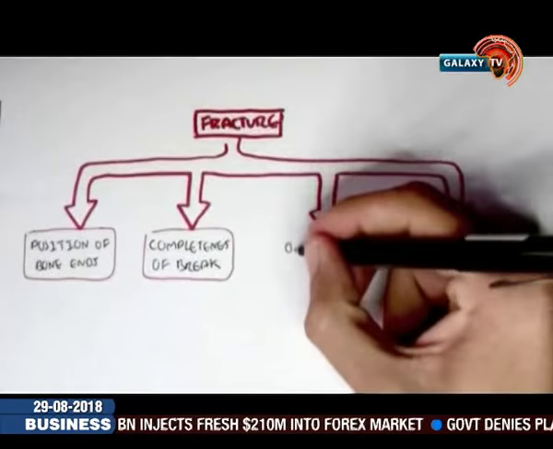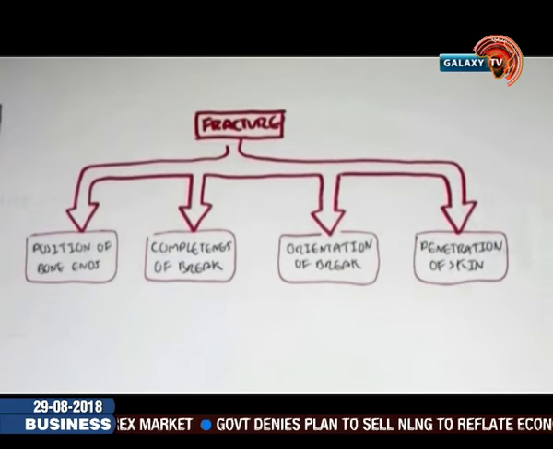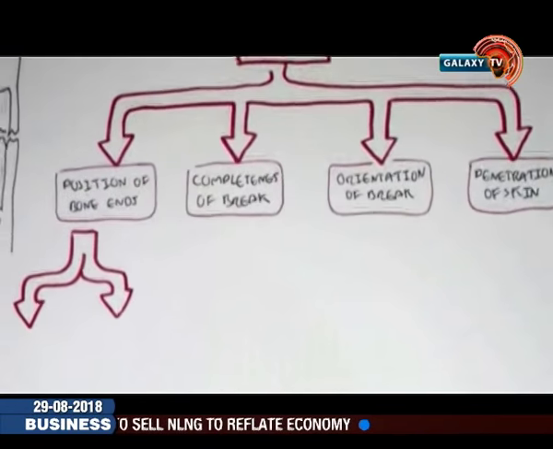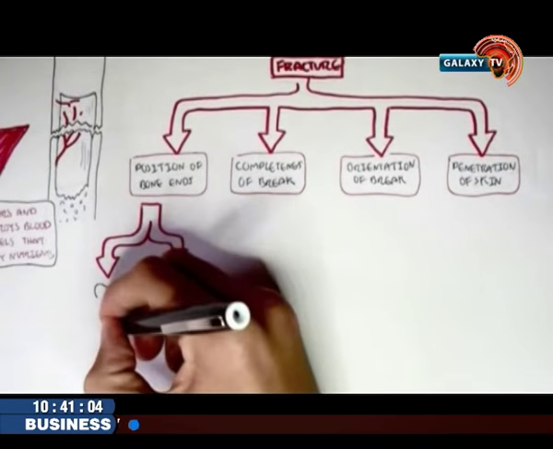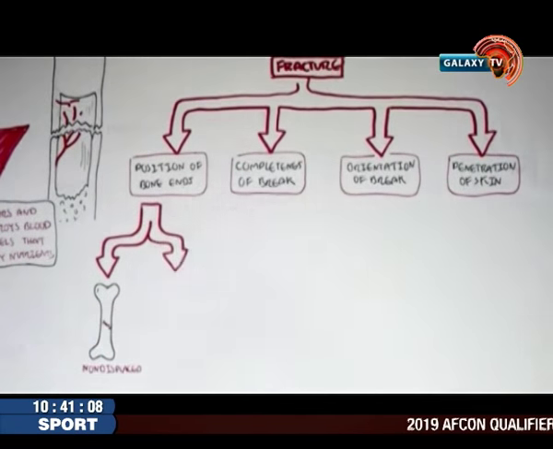The completeness of the fracture, the break, the orientation of the break, or whether the bone ends penetrate the skin. So position of the bone ends can be classified into two types. In non-displaced, the bone's position does not move.